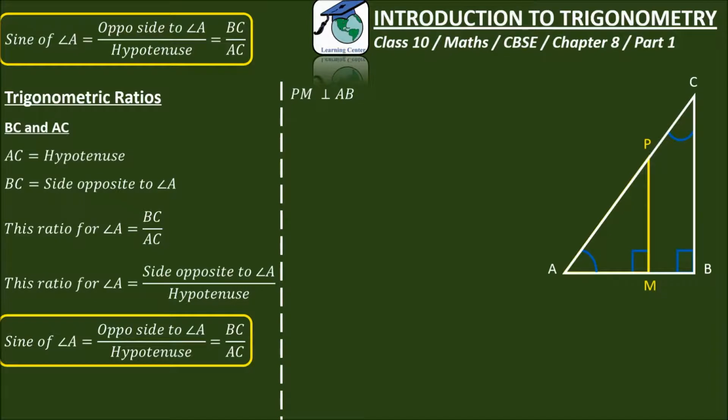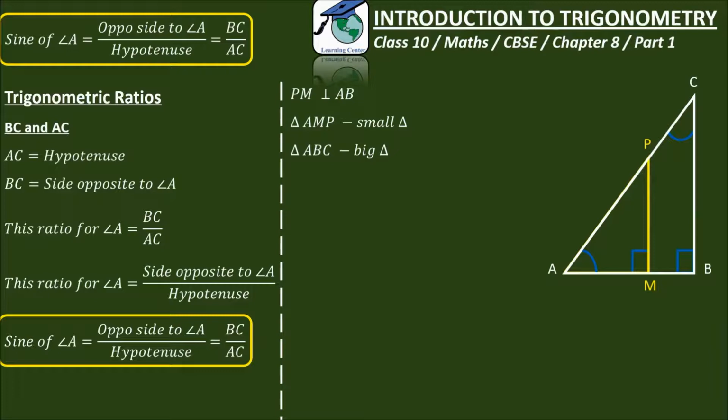Now I can see that because of this line PM, two triangles have formed. One triangle is AMP, which is small triangle, and already I have a triangle ABC, which is big triangle.